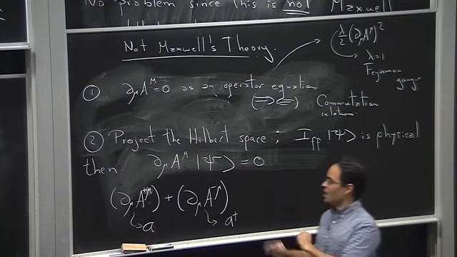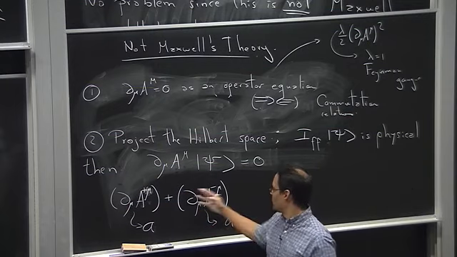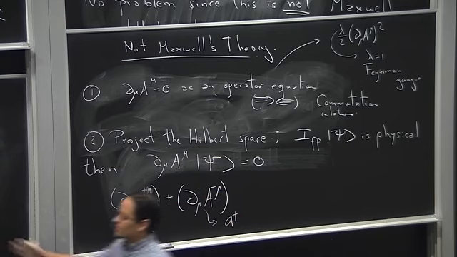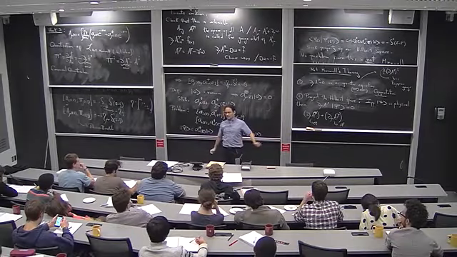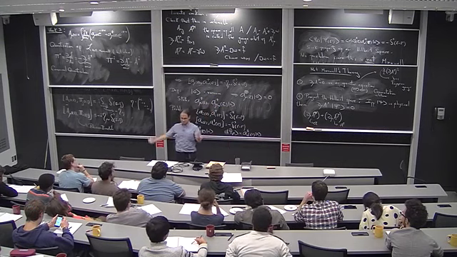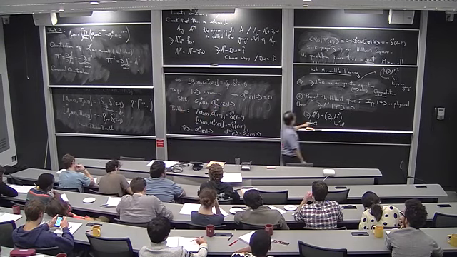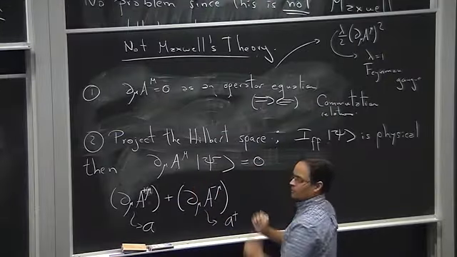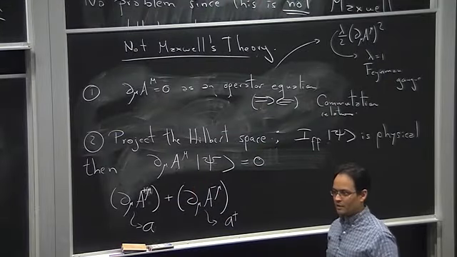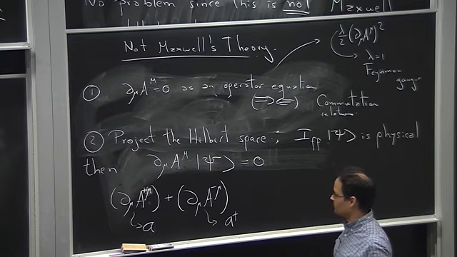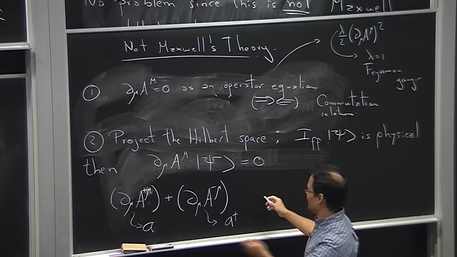Well, now we can start with our object and ask, is our vacuum a physical state? I mean, it would be nice if the vacuum was a physical state, right? Well, let's apply this condition to the vacuum. What do we find? Well, yes, that's right.